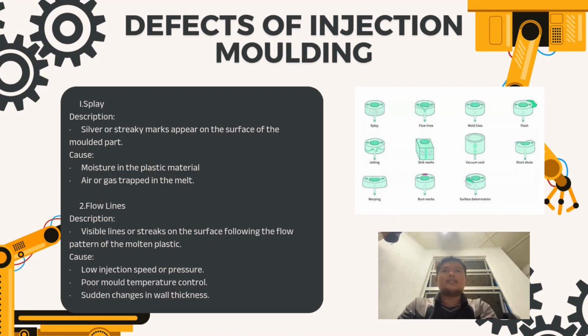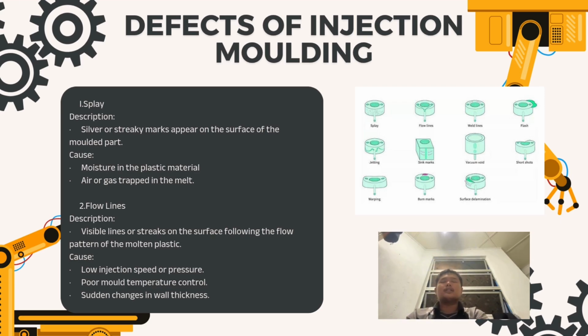Okay, for the next slide is defects of injection molding. In this page, I will choose two defects of injection molding. First is splay. For the description, silver or streaky marks appear on the surface of the molded part. The cause of splay is moisture in plastic material and air or gas trapped in the mold.